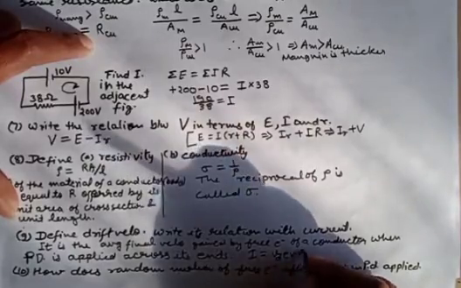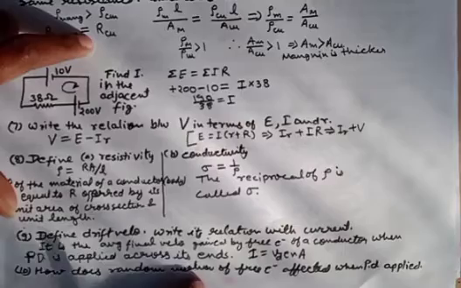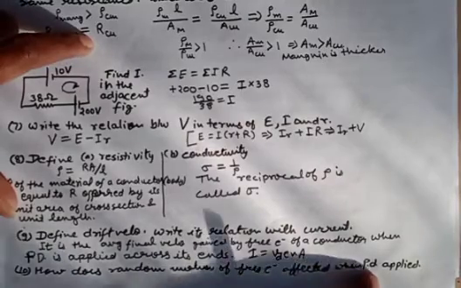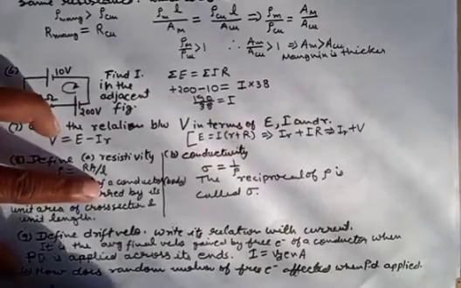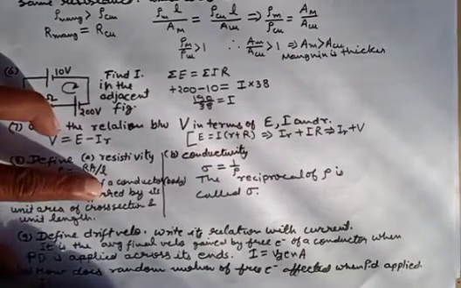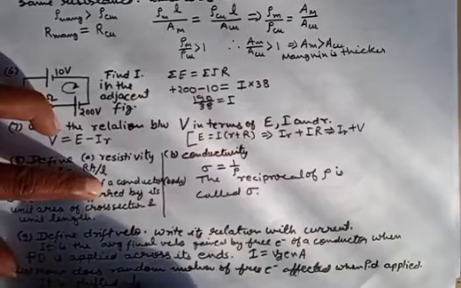How does random motion of free electron get affected when potential difference is applied? I have answered it earlier, but we can say that it is shifted toward positive potential.